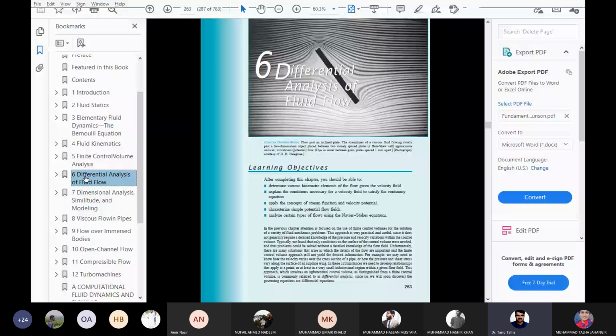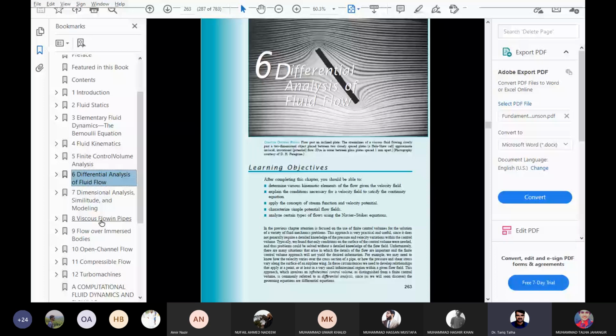After that, we are going to discuss viscous flow in pipes. If you observe, in nature there are two types of flow. One is internal flows, which are bounded flows, like flow through pipes, flow through blood veins, flow through your arteries, and flow through your lungs.